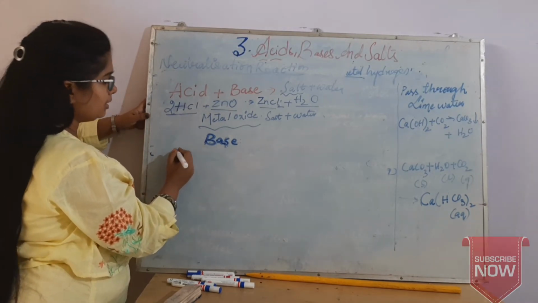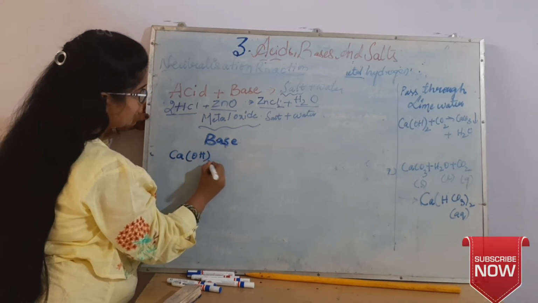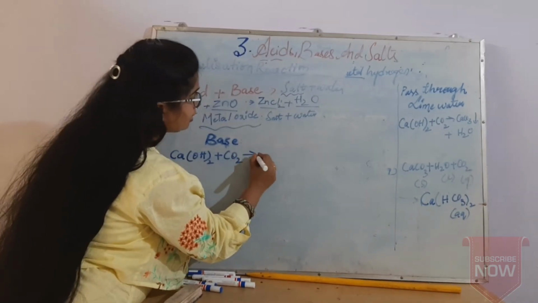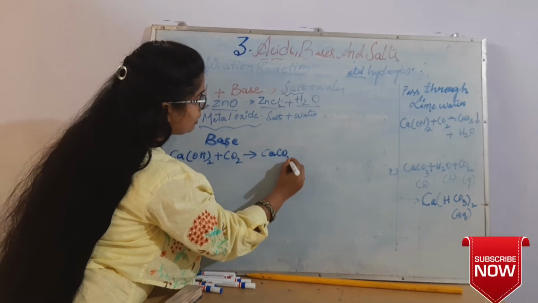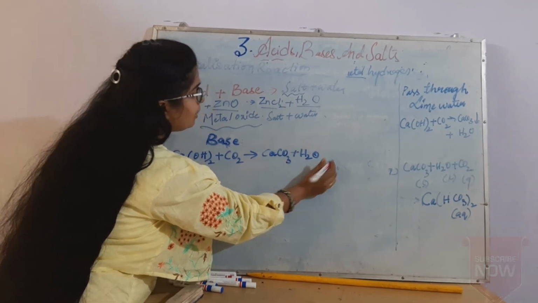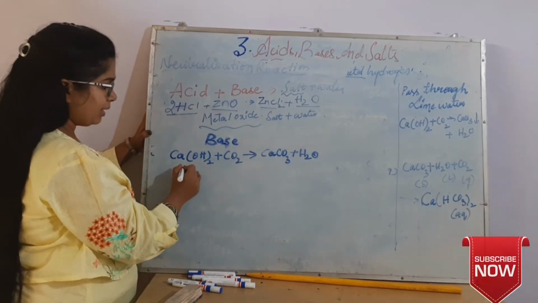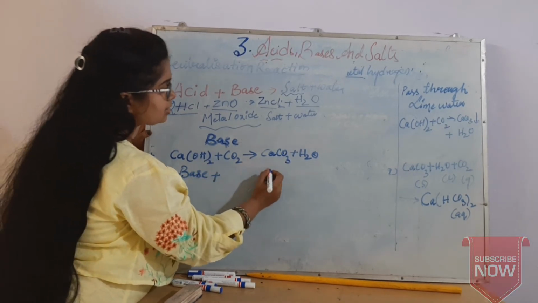Then take Ca(OH)2, which is a base, isn't it? Plus CO2, carbon dioxide, you take. Then what will be coming out? CaCO3 plus H2O will be coming out. Here also, see, base plus carbon dioxide gives salt plus water.